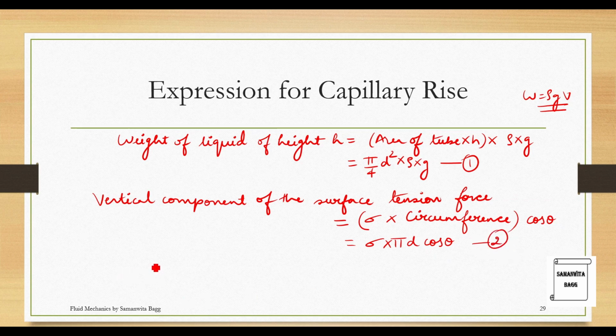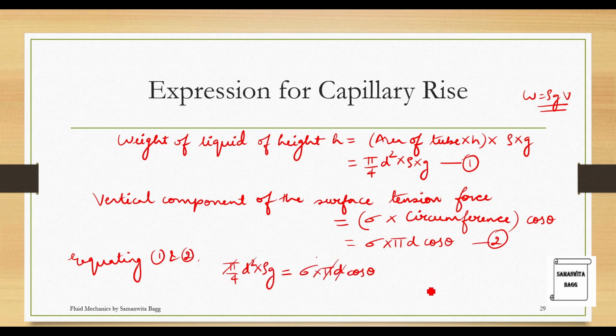Now, for equilibrium, we need to equate both of them. So, I'll write here equating 1 and 2 for equilibrium. So, you will have pi by 4 d square h rho g is equal to sigma into pi d cos of theta. What gets cancelled on both sides is the term pi, and one of the d gets cancelled.